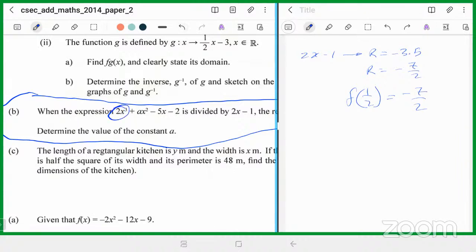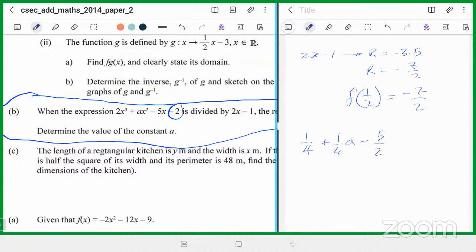So this first expression becomes 1 over 4. Then half squared becomes a quarter, so that's a quarter times a. Then a half times the negative 5 gives me negative 5 over 2.